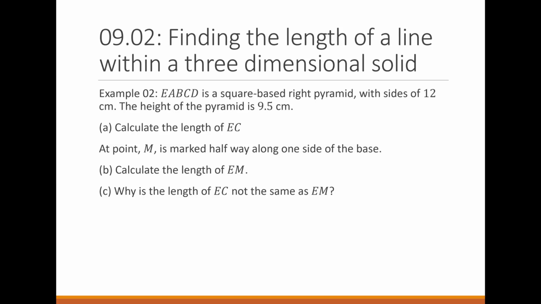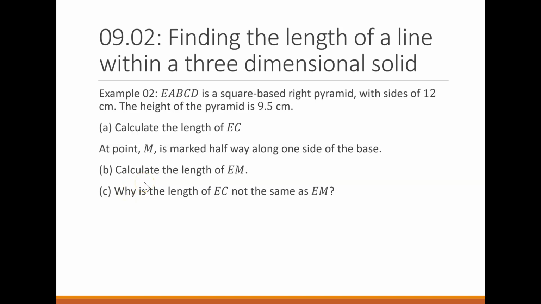So that's like the tip of the pyramid down to one of the corners. And then we're going to have some point M that's marked halfway along the side of one of the bases. It's a midpoint for one of the sides of the base. And then we're going to calculate the length for EM. And then we'll ask to think about why those are not the same length.